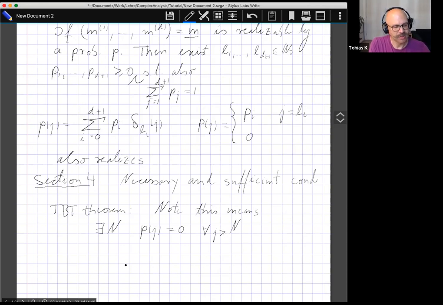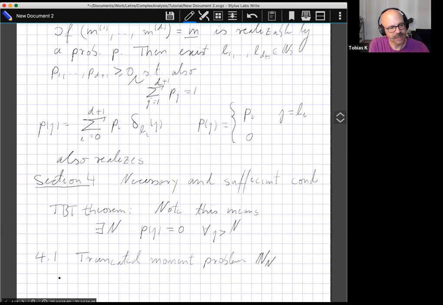Okay, so this will motivate what I call 4.1, and this is the truncated moment problem. So the same problem, but instead of n0 to infinity, I will do it on nn.